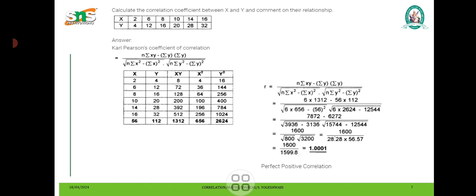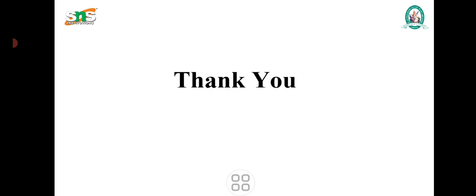Substituting all these values, divided by the root of 6 times summation x squared, which is 656, minus summation x the whole squared, which is 56 squared, and 6 times summation y squared, which is 2624, minus summation y the whole squared, which is 12,544. Simplifying the values, r is equal to 1.0001. So this correlation is a perfect positive correlation.